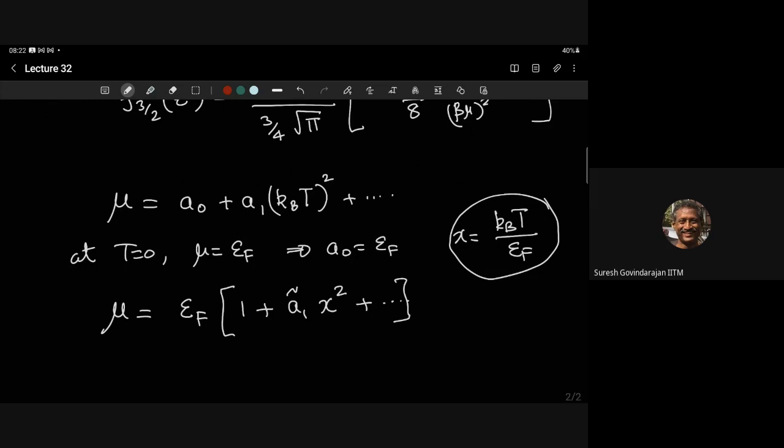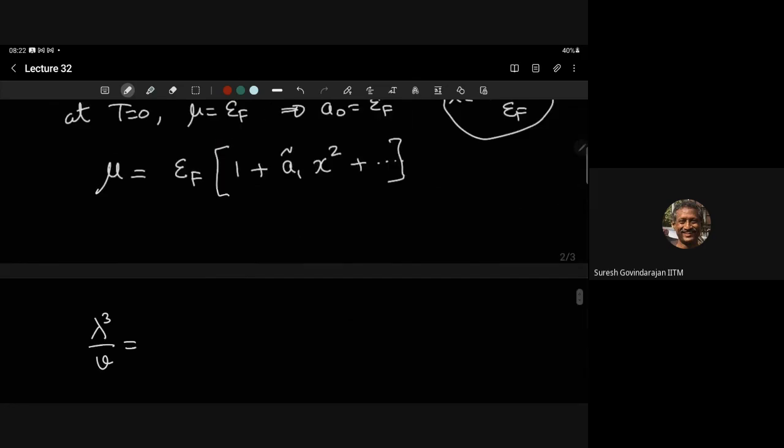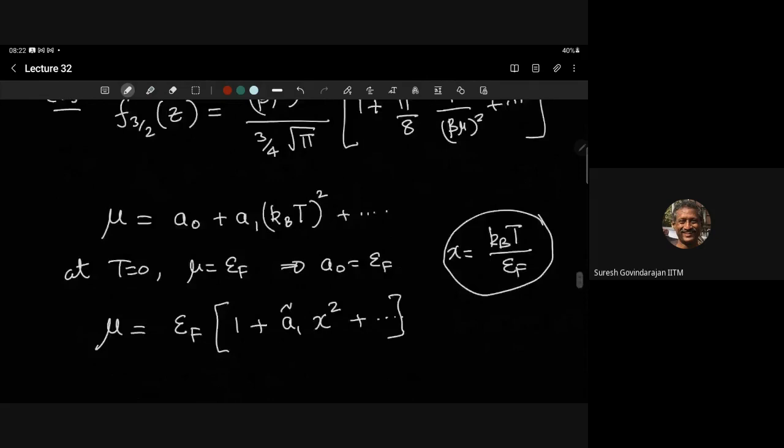Is that correct? Okay. So the equation lambda cube by V equal to F3 half should be written as beta mu power 3 half divided by 3 by 4 root pi.